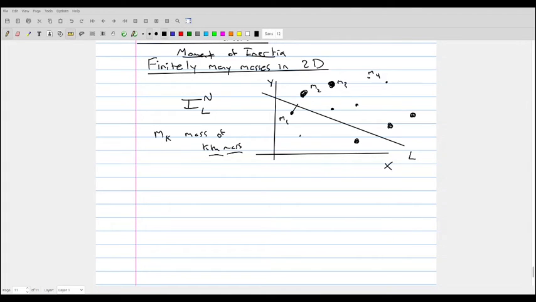Also, we'll call Rk the distance of the kth mass to the line L, the perpendicular distance.